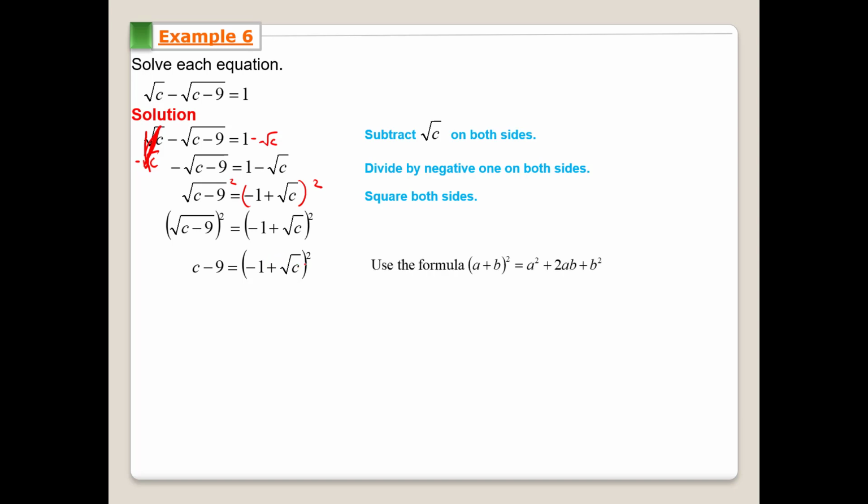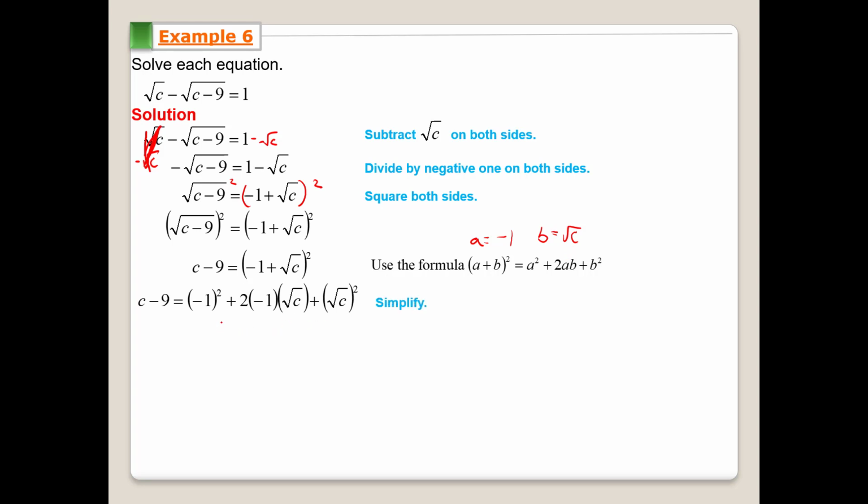So remember, it was a squared plus 2 times a times b plus b squared. So our a, we can say is, in this case, say a is -1, and our b is square root of c. And if we do that, that'll give us this equation right here.